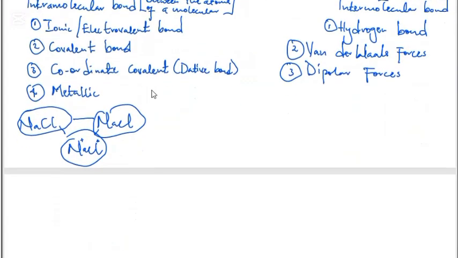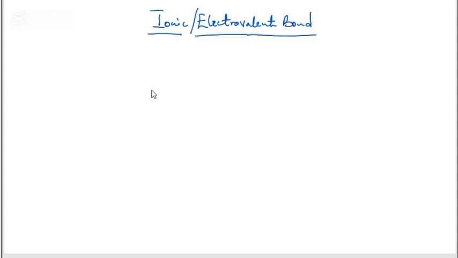So let's start with our ionic or electrovalent bond. When you hear the word ionic, what comes to mind? Basically, when you hear the word ionic, you think of charges, ions. And what are ions? First of all, we have to define what ions are.